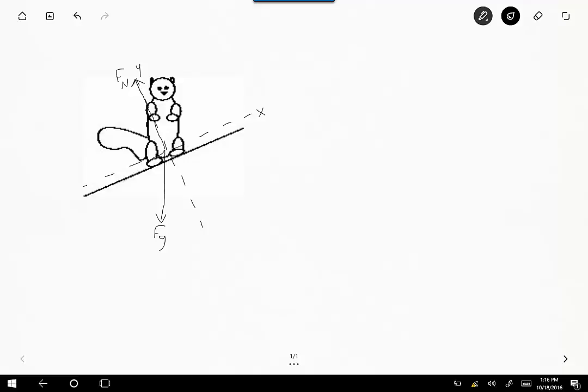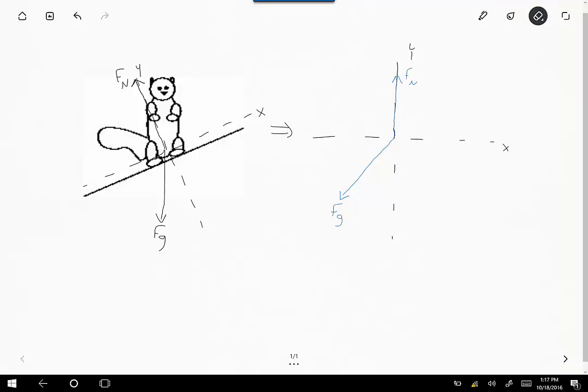So if we look at just those two forces, and we forget about the squirrel and the roof, and I rotate the axes so they are horizontal and vertical, just like we're used to seeing, we end up with a normal force, which is again on the y-axis, but now our gravitational force is no longer pointing straight down, it's pointing at an angle, because I've rotated the whole set of axes down by that amount.